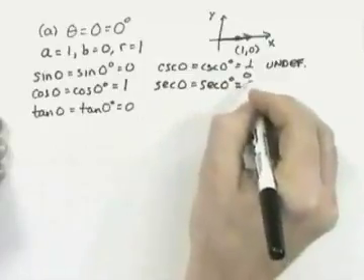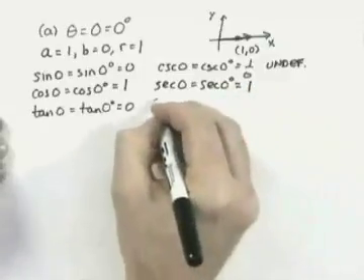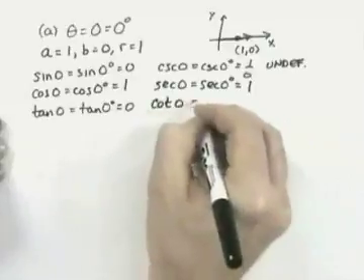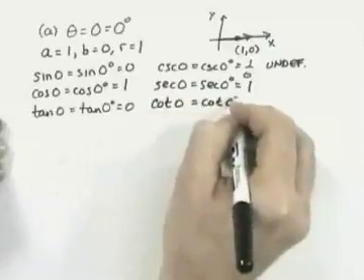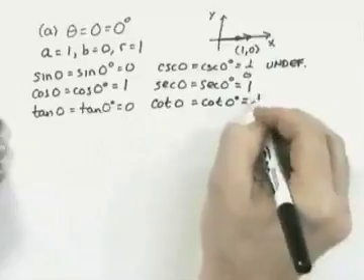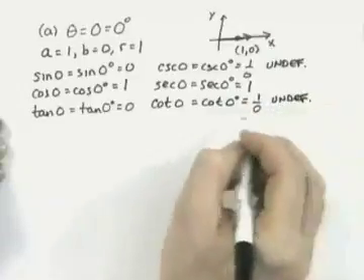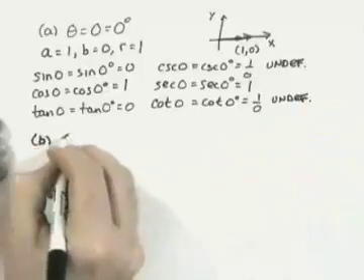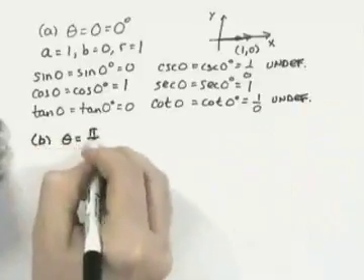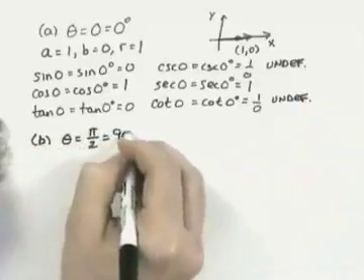Well, that's going to be 1 over 1, or 1. And finally, the cotangent of 0 equals the cotangent of 0 degrees. That's going to be 1 over 0. That also is undefined.